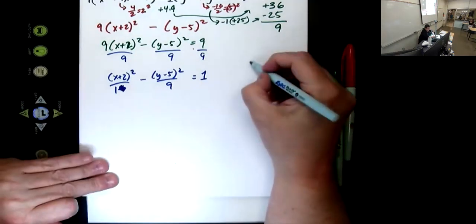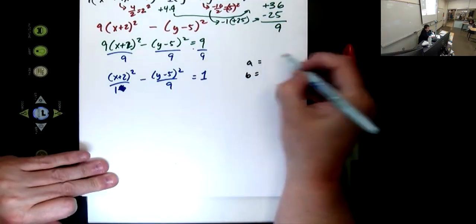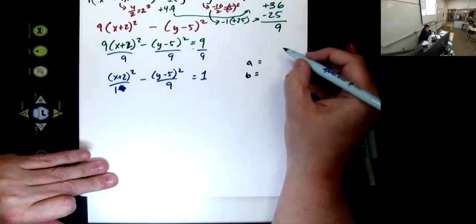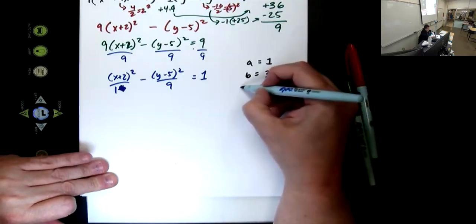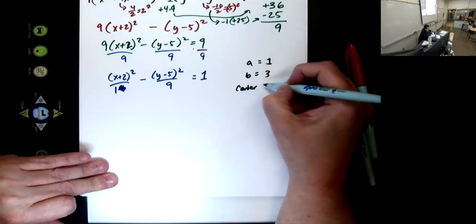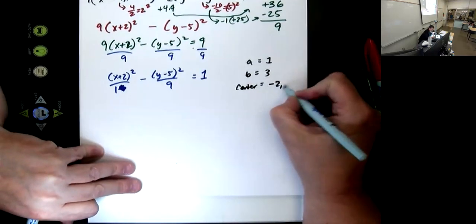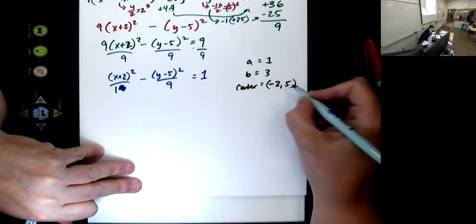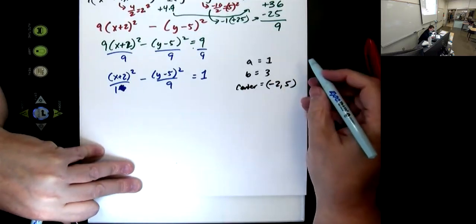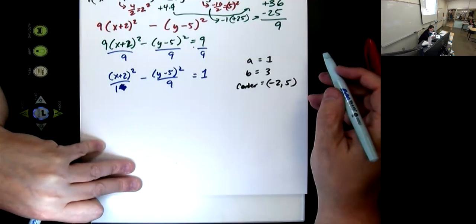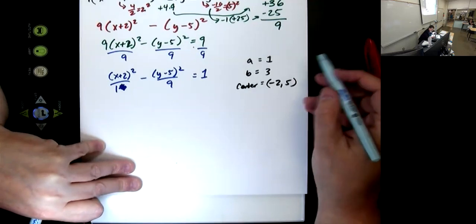So what is my A and what is my B? 1 and 3. Where is my center? -2 and 5. Am I opening left or right or up and down? Left and right.